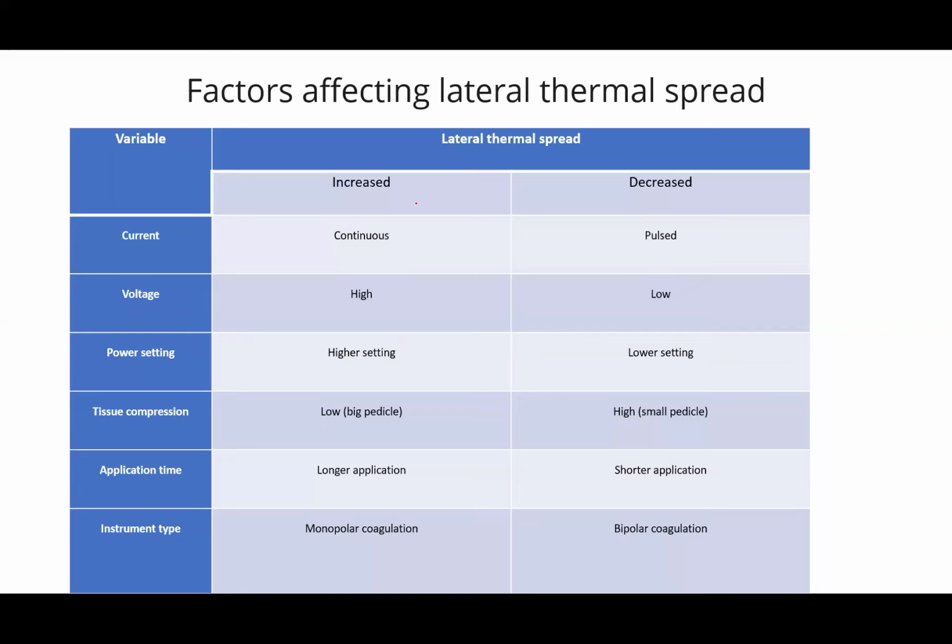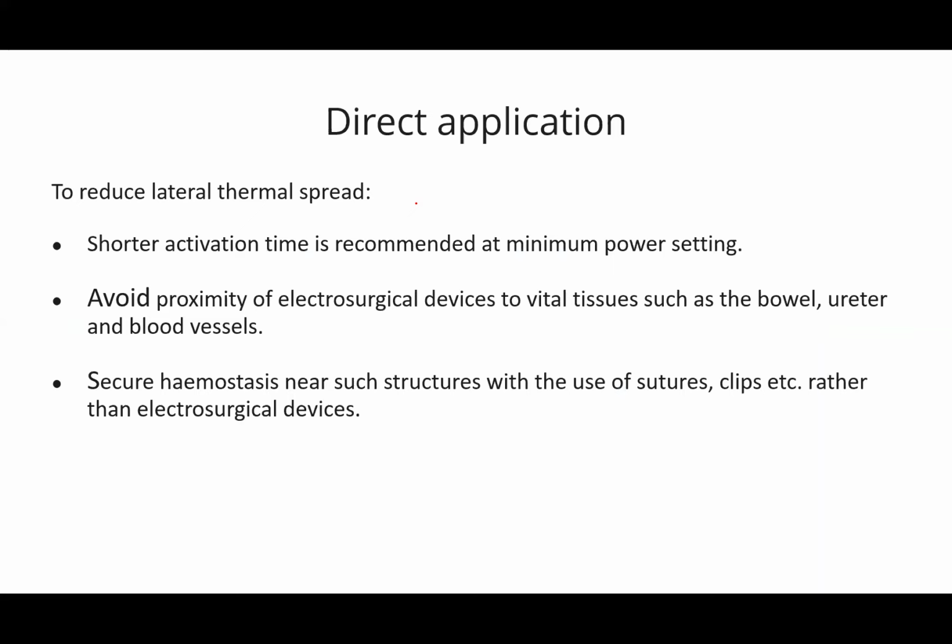If the voltage is high, it increases, as do high power setting, tissue compression, longer application time, and monopolar coagulation; all these increase lateral spread. While when you pulse, use lower voltage, lower power setting, okay, when you have a small pedicle, shorter application time, and bipolar, they all reduce it. Now, direct application.